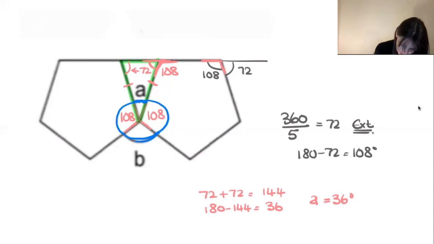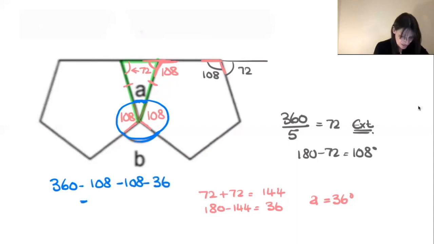So to finish this off, I'm going to be doing 360 take away 108, and another 108, and the 36 that we had for A, which I'm going to quickly chuck in my calculator. Yes, which is equal to 108 degrees. All right, so B is equal to 108 degrees.